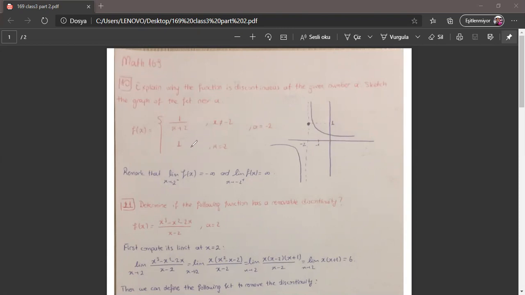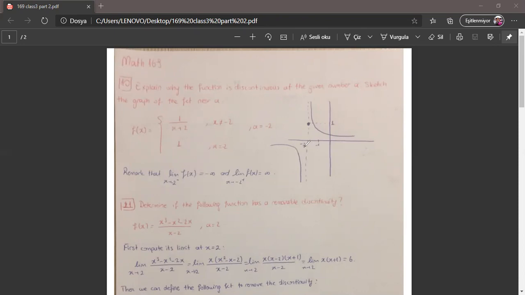As the function is defined by 1 at x equals minus 2, we have this dot here, okay? It's defined as 1 at this point. So this is the graph of the function. So why is this function not continuous at this point, minus 2?